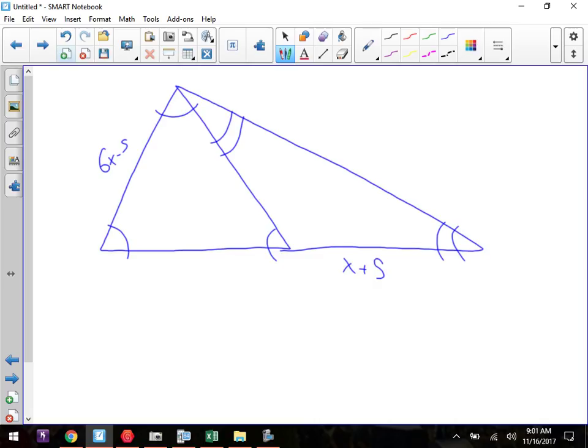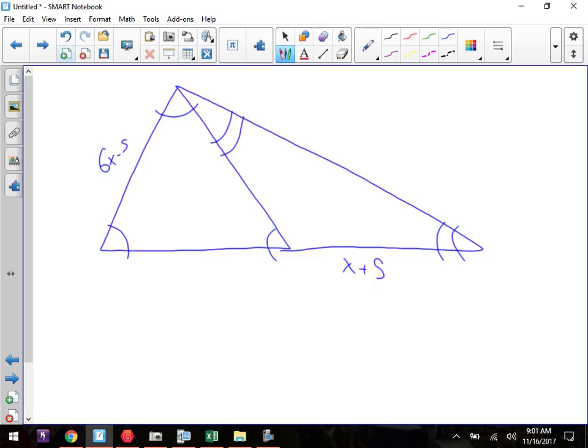Now, I like this problem, the fact that you have to remember what all those little tick marks in the angles mean. The triangle on the left-hand side is what kind? It's equilateral. The one on the left is equilateral, which means all three angles are already congruent, which means all three sides are congruent.